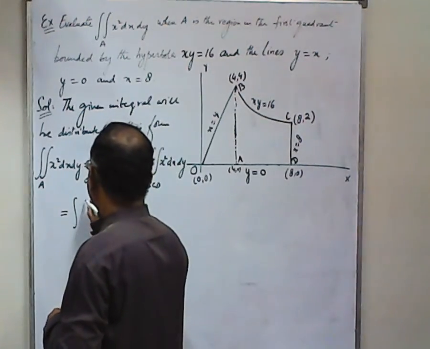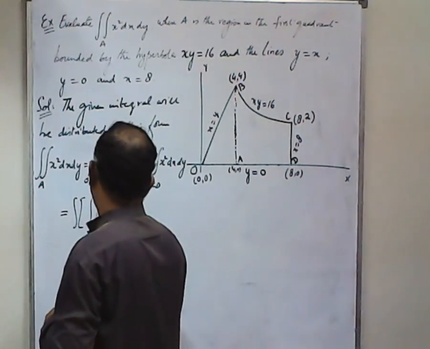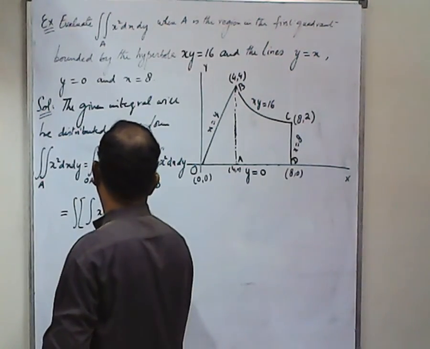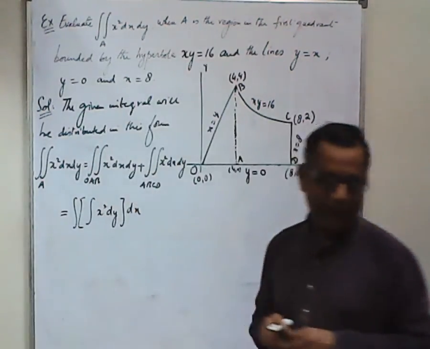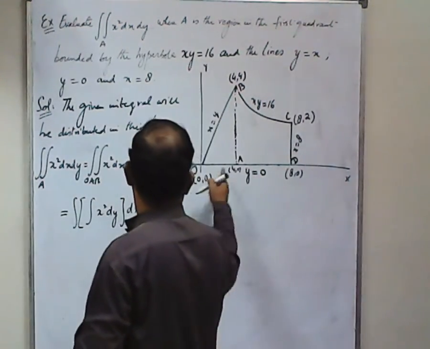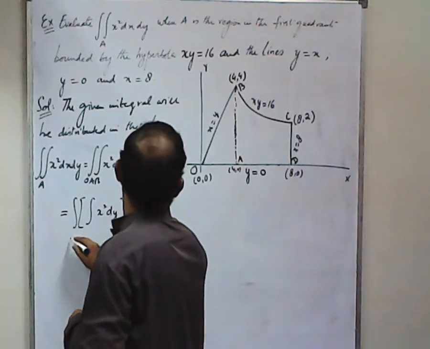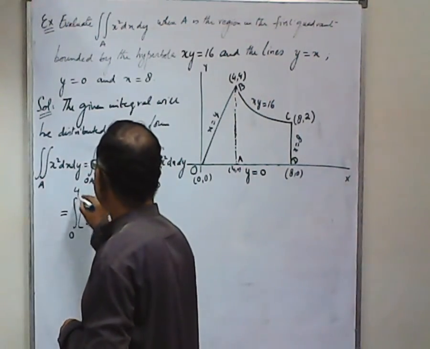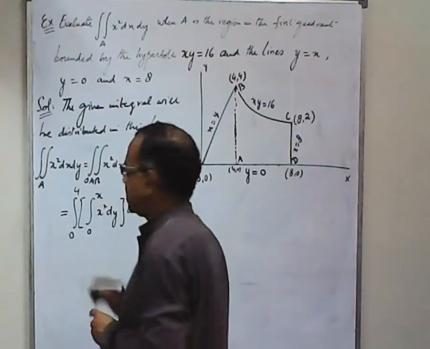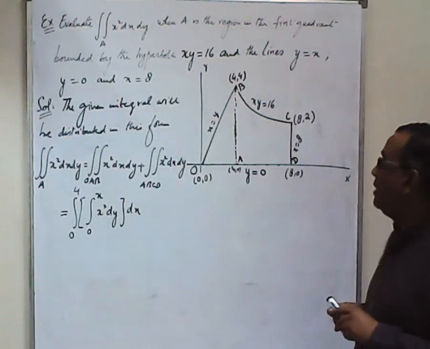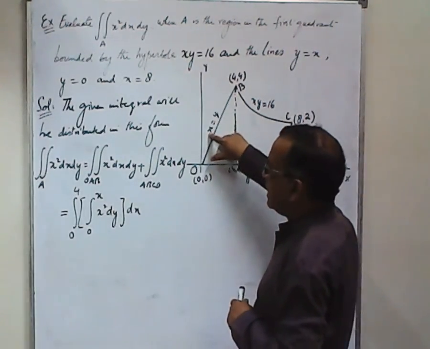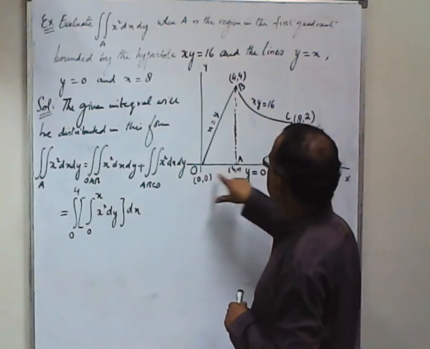So now we are following the same pattern, that we are solving with respect to y first and then with respect to x here. So the limits of x will be 0 to 4 and the limits of y will be 0 to x, because y is here 0 and y is here x, and then x is 0 and 4.